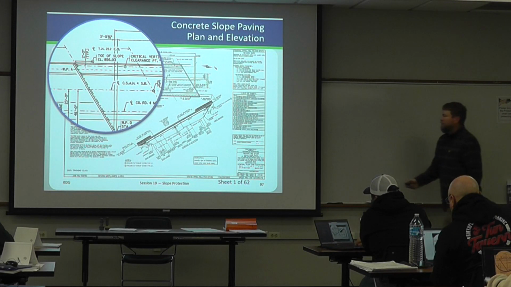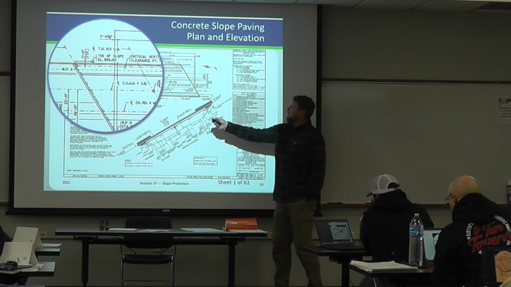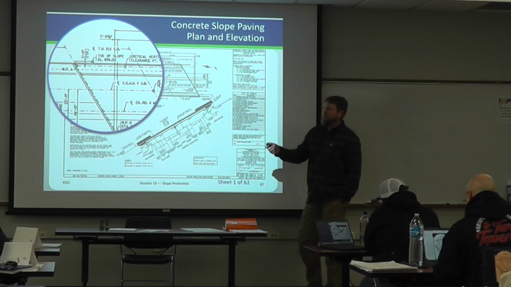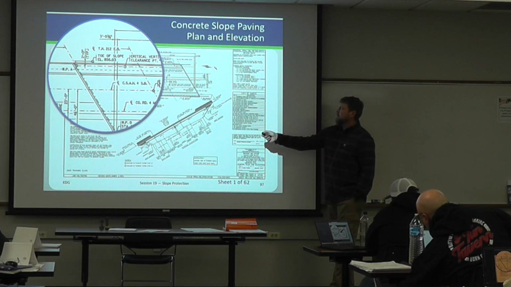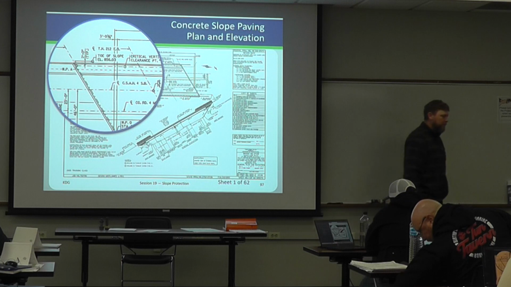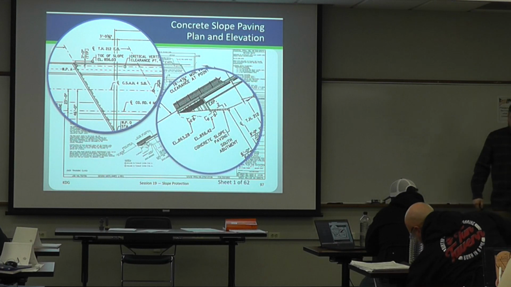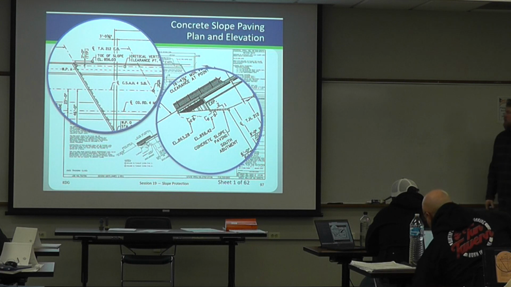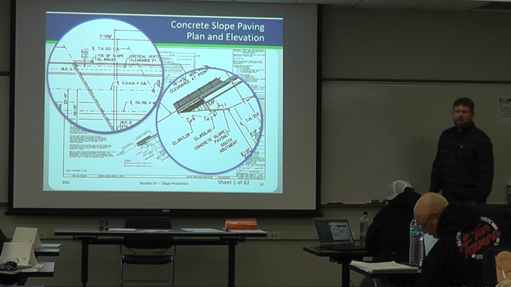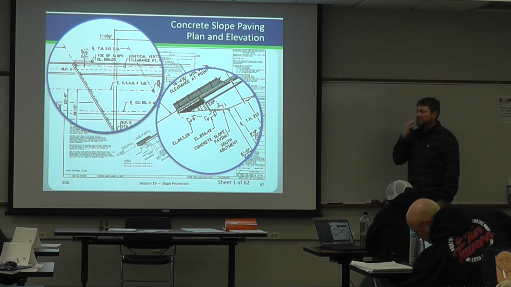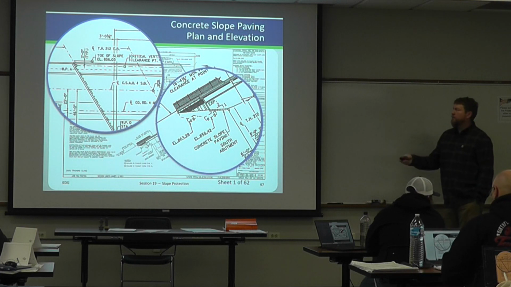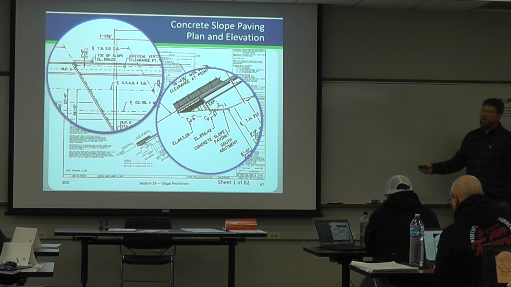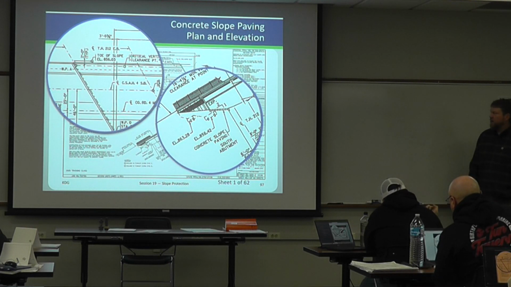So just for those that maybe didn't see it, it's right here. So we're going to marry that up with the abutment sheet that showed the top of the slope, and then we're going to tie that into the bottom of the slope as well. Okay, what's the slope of the slope paving based on this bubble? 2 to 1, yep. So again, that standard plan isn't going to give you all that information. This is developed for this specific bridge, and that's where you're going to find that information.